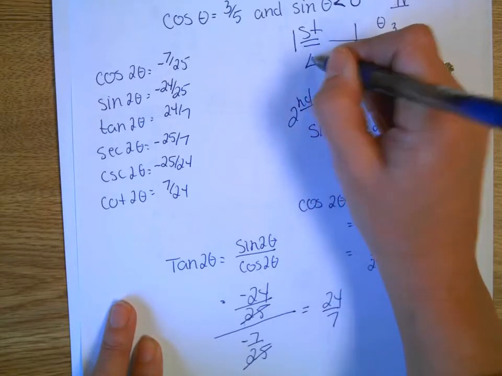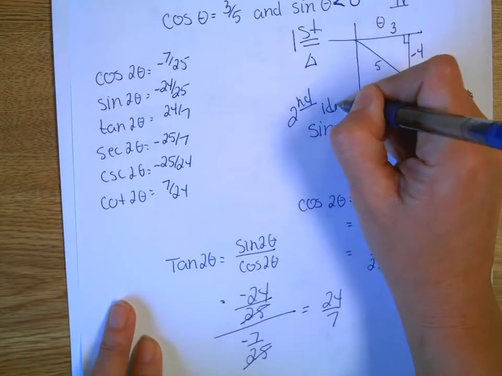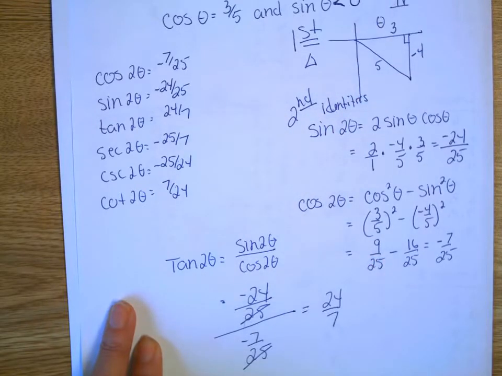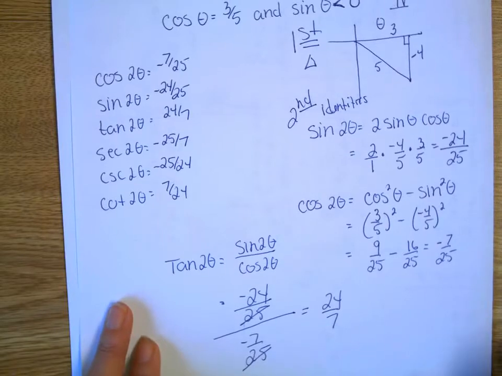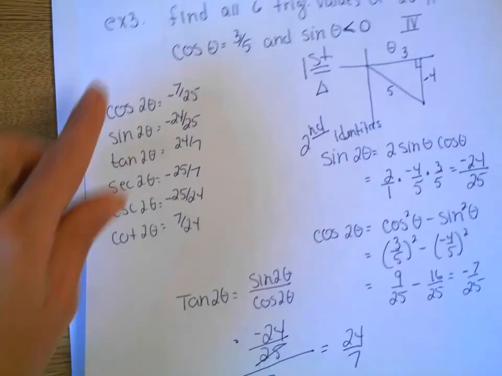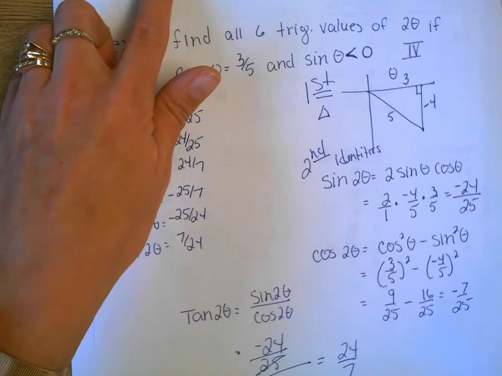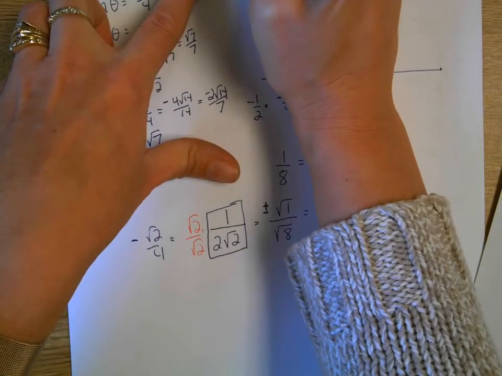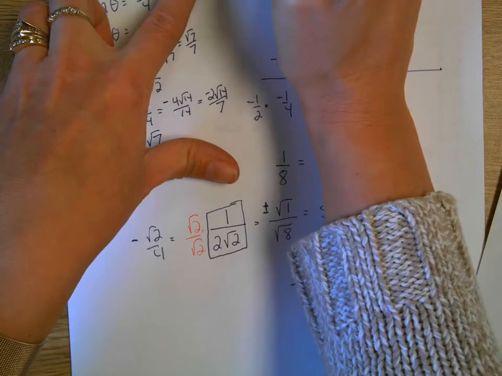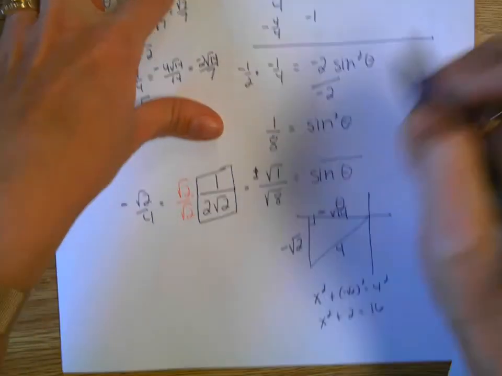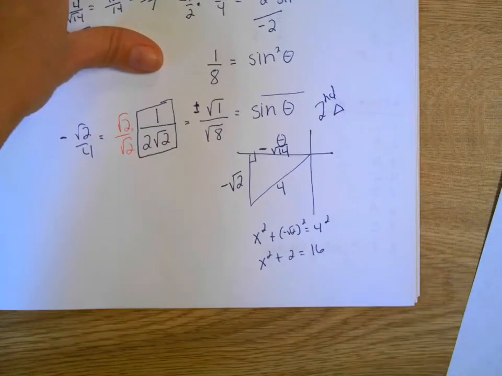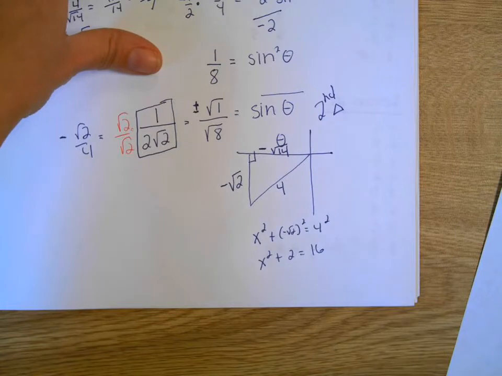So first triangle, second is identities. The second kind we had, I started with 2 theta information, so we first start with identities. Second is the triangle. So pay attention to what information you're starting with.